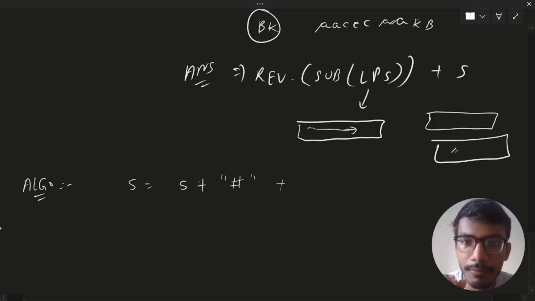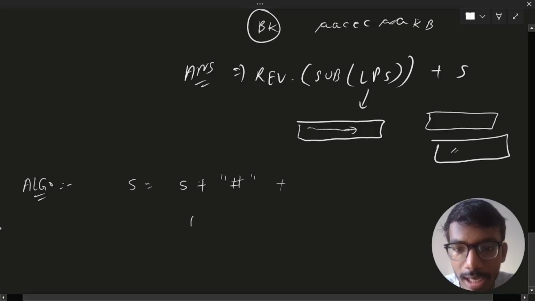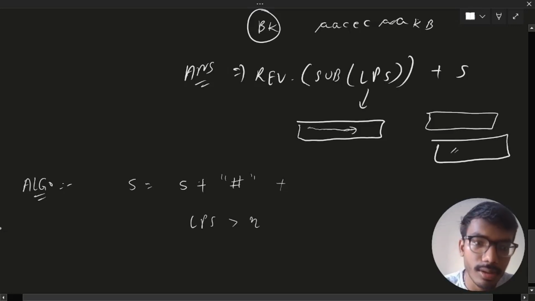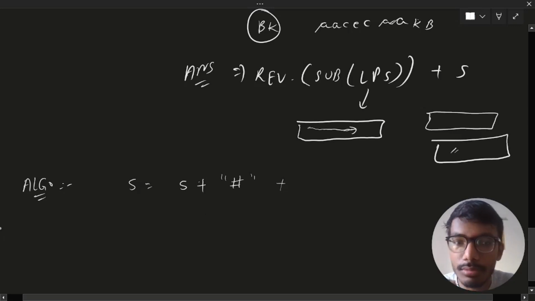If all the values are a's, and the reversal is also a's, and I combine both without any separator, my LPS value may be greater than n, so I cannot find a substring there. I have to separate it, because I don't want my prefix to exceed the original string.